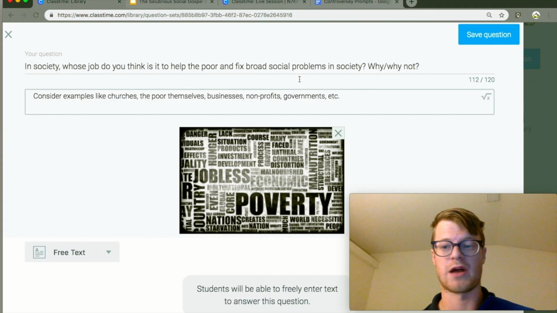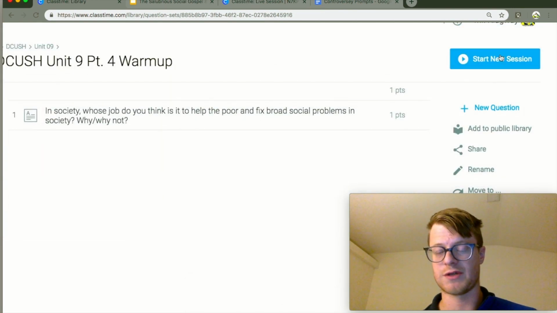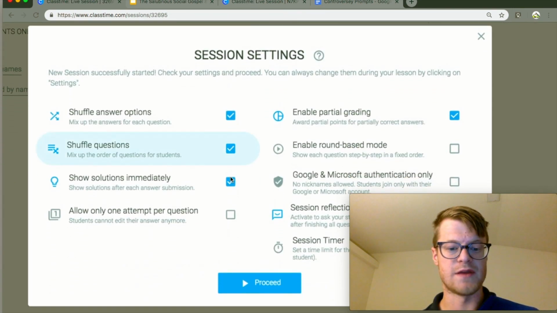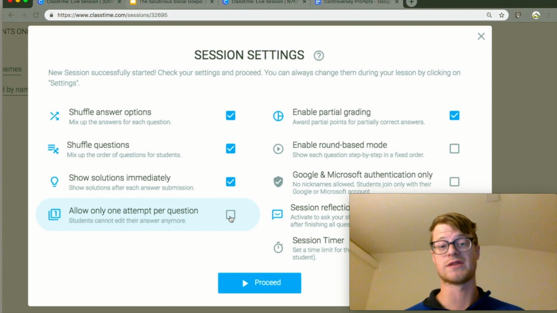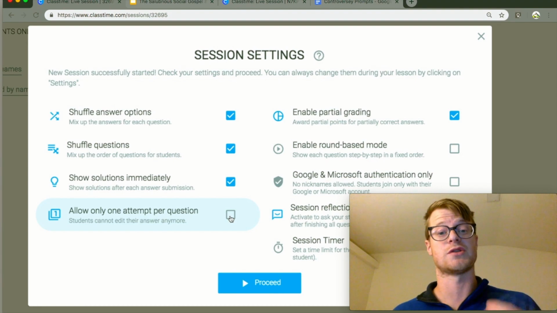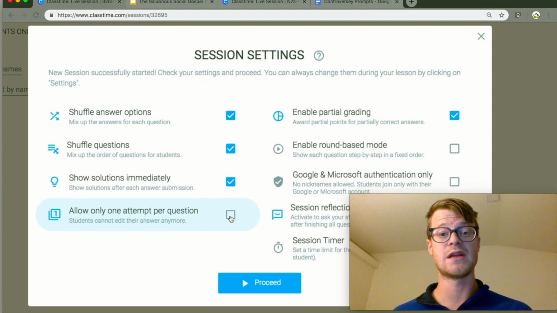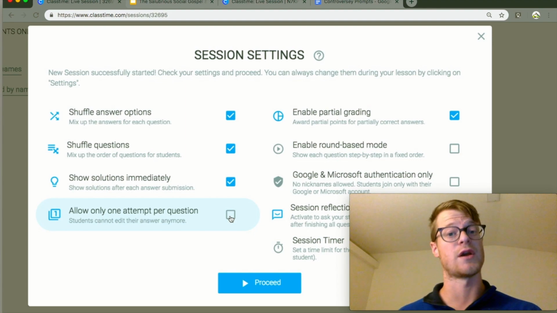So back here in your library, whenever you start a new session, this is what I did, and you can see it right here. I don't have it checked. It says only allow one attempt per question, and that means that students cannot edit their answer. I left that unchecked because I wanted students to go back to the warm-up that they just did, and after learning all the things that we did in class, to go back and rephrase their answer.